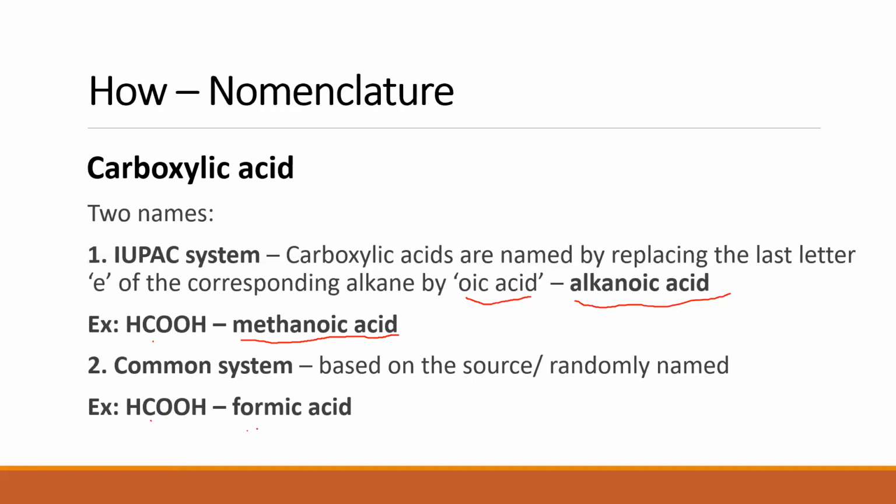In the common system, it is called formic acid. And we know the story here. Why is it called formic acid? So here they are randomly named based on the source in the common system. So in the IUPAC system, we use alkanoic acid. In the common system, it is randomly named and based on the source.